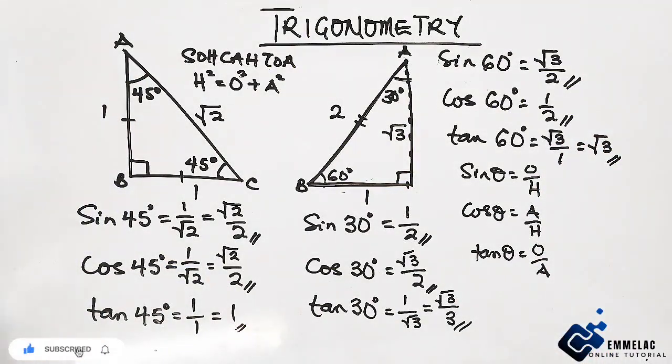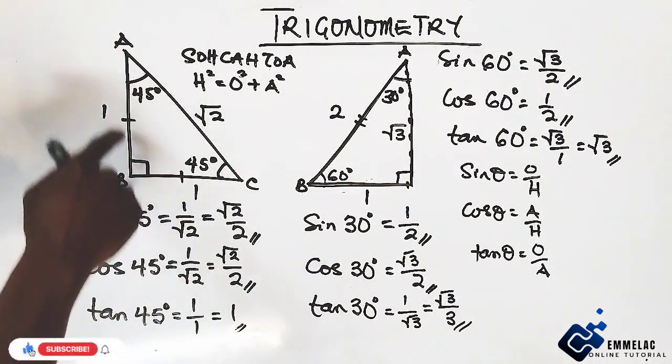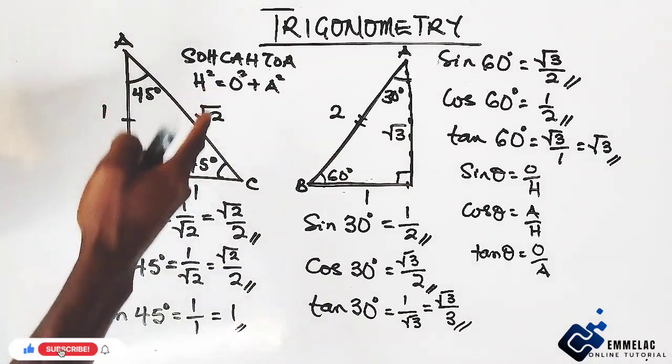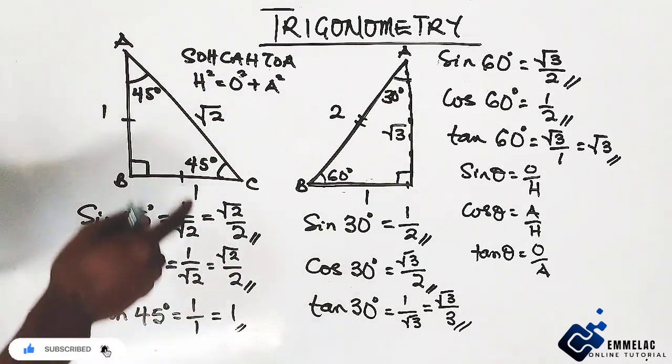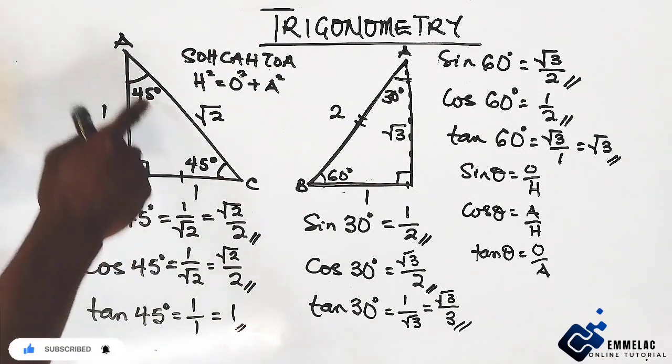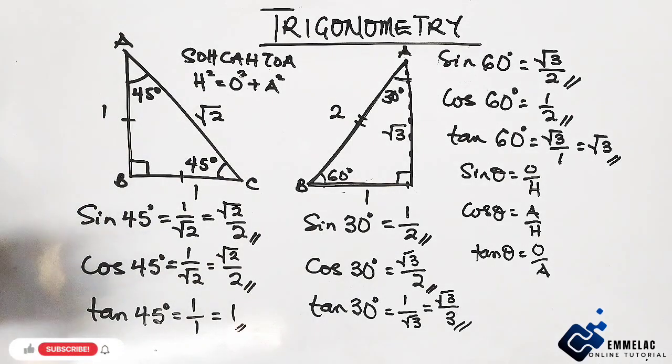Alright, and I believe you've learned something in this tutorial. At least we'll be able to establish the Pythagoras theorem, which gives us the relationship of the sides of a right angle triangle, and SOHCAHTOA, which gives us the relationship between the angles in the triangle and the sizes of the same triangle.